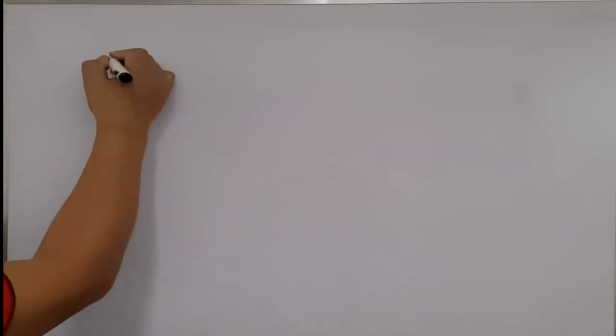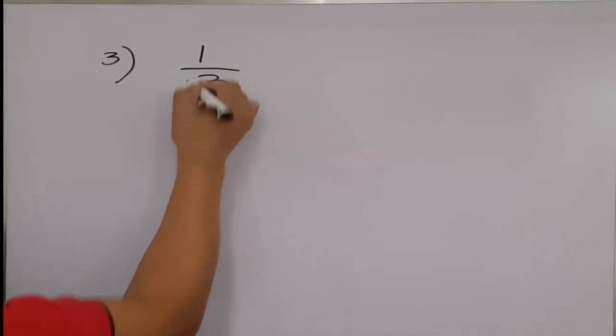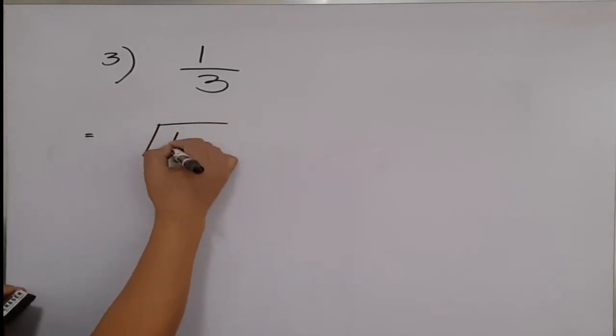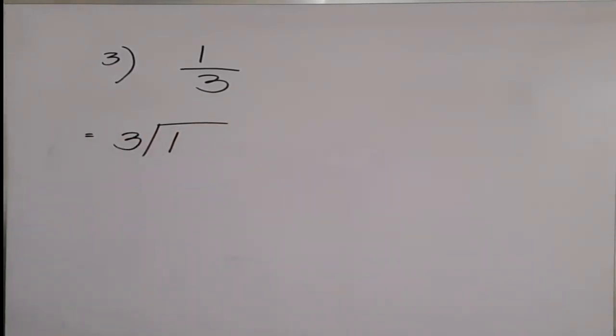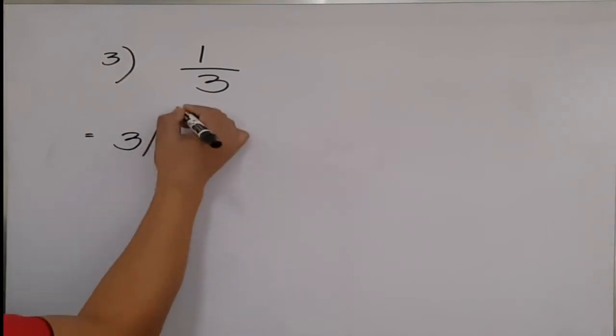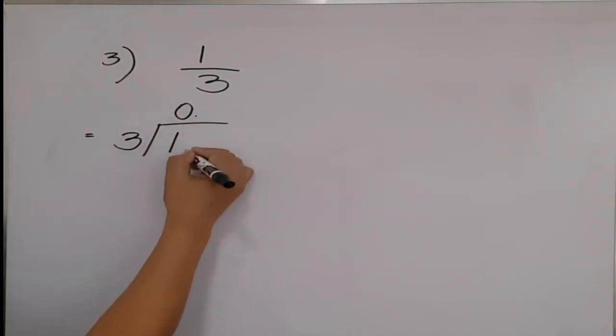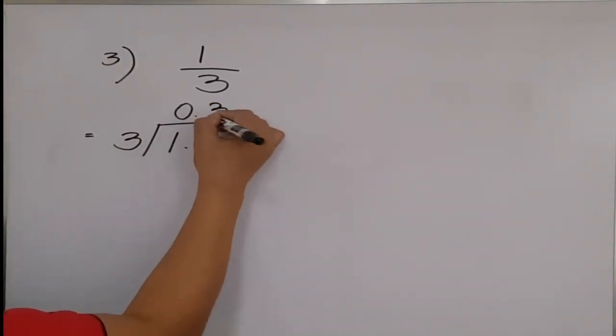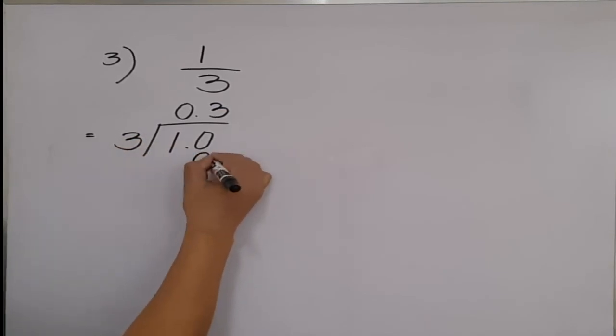Let's take example number 3. 1/3. We divide the numerator by the denominator. 1 divided by 3. So 1 divided by 3 cannot be. So we add 0. So 10 divided by 3 is 3. 3 times 3 is 9.